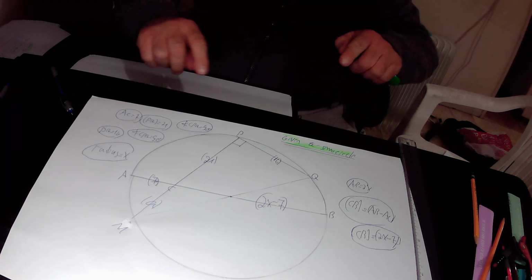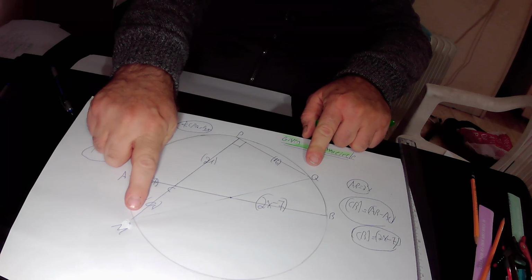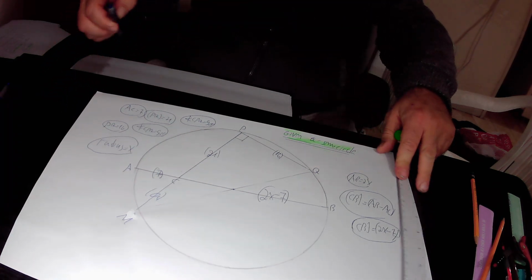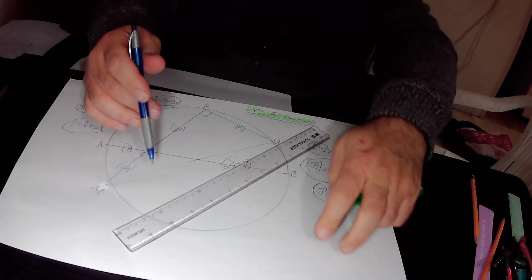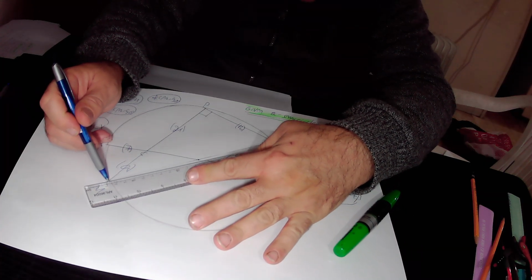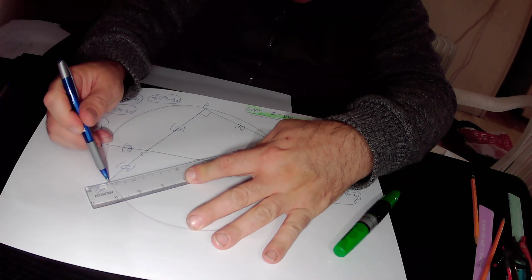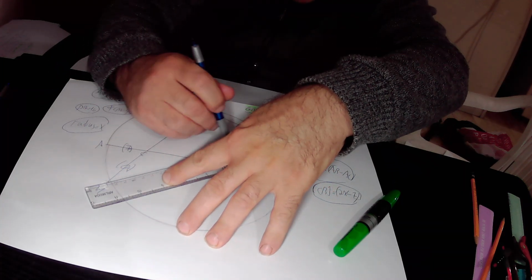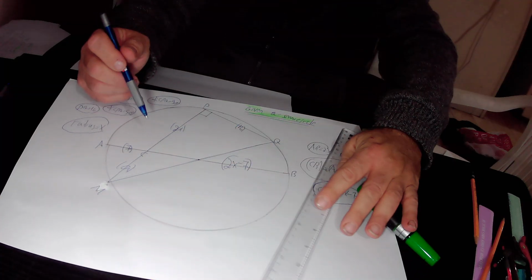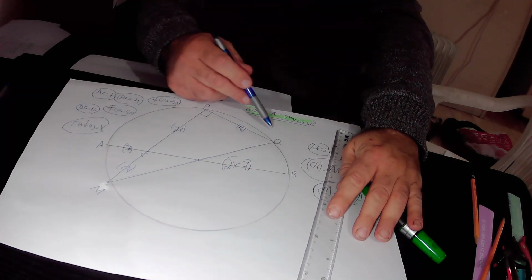In the next step, we will join points Q and M together by a side line. By joining points Q and M, we created the right triangle QPM.